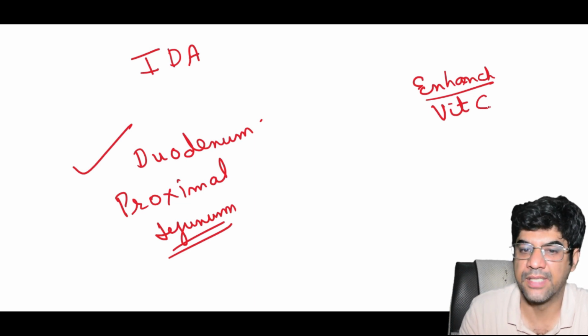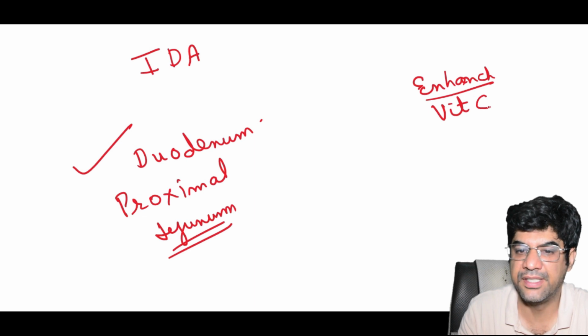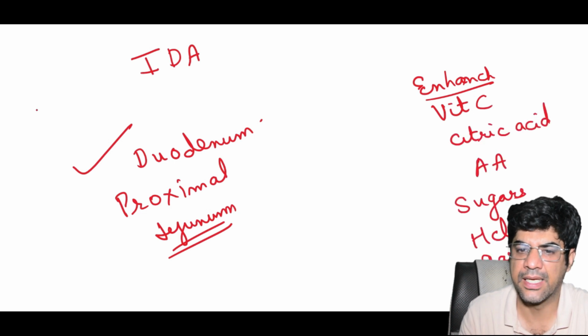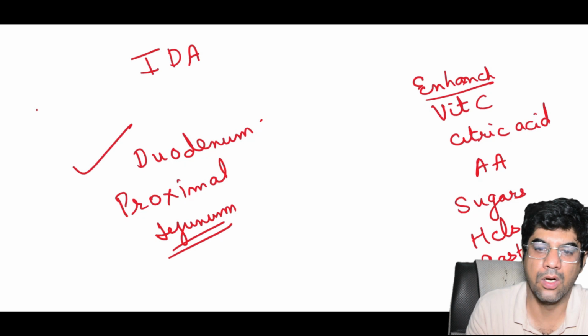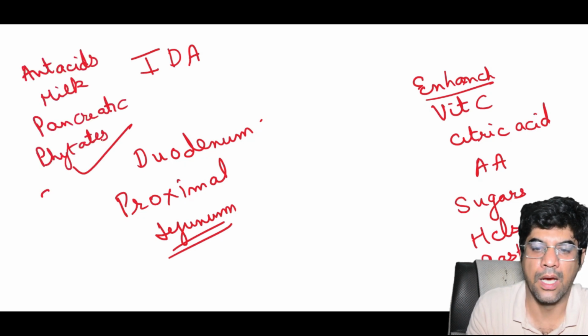Now, what are the factors that enhance non-heme iron absorption? Vitamin C, citric acid, amino acids, sugars, HCl, and gastric secretions. What are the inhibitors of non-heme iron absorption?